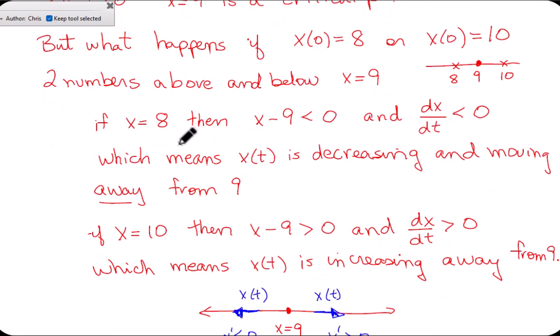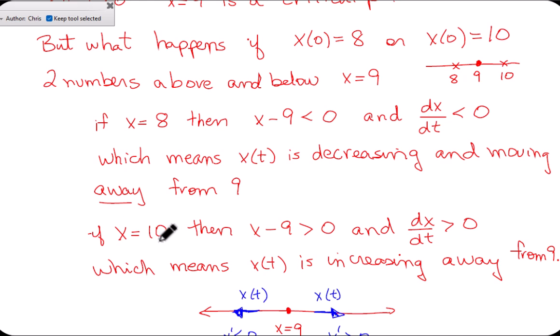If x is 8, then 8 minus 9 is less than 0, which means that the derivative is negative, which means that the solution is going to be decreasing and moving away from 9.